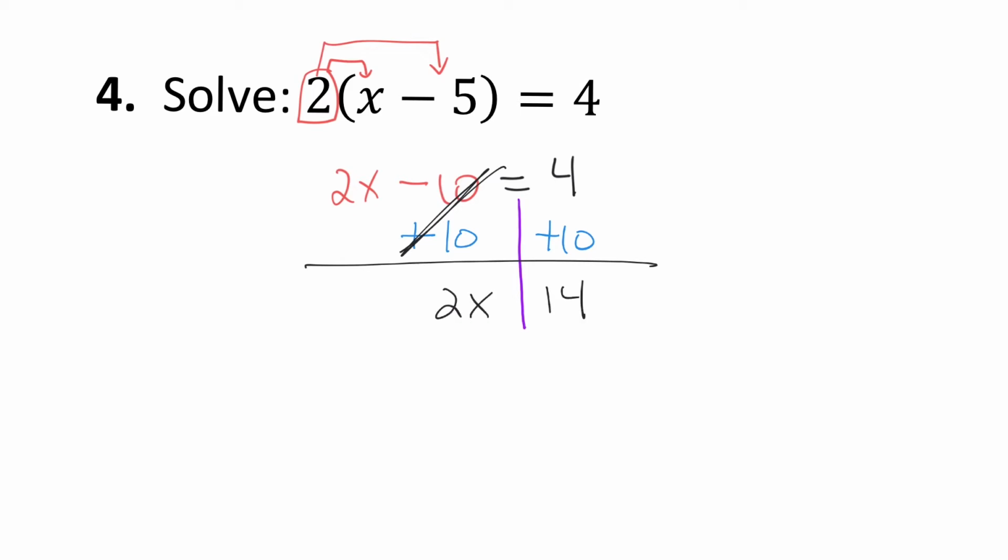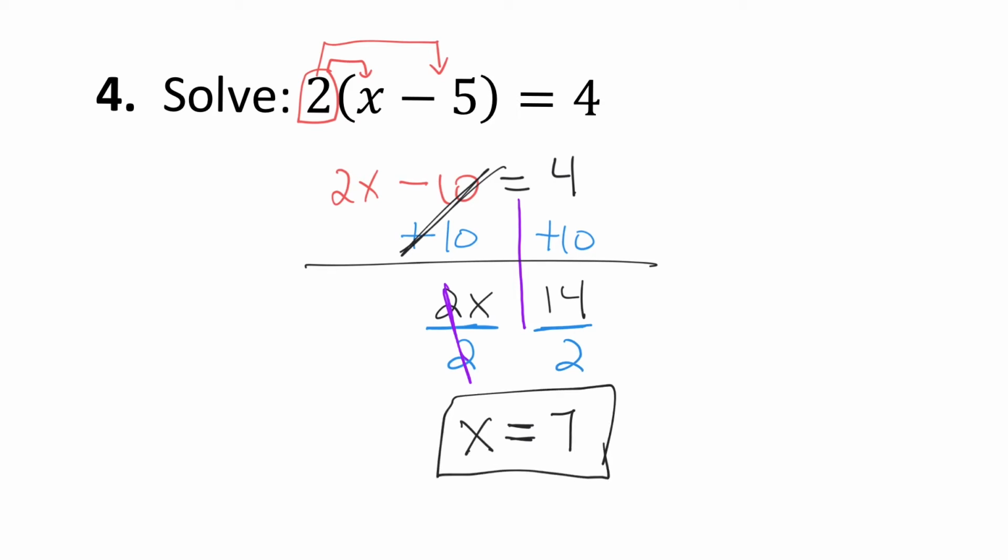The next step, you guys are going to divide by 2 because I want to get rid of the 2 next to the x. So you guys divide by 2. This turns into 1, 2 divided by 2. That's x equals, you guys bring down the equal sign, and 14 divided by 2 is 7. So the x value equals 7.